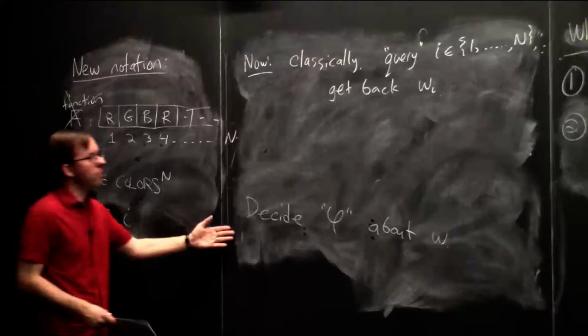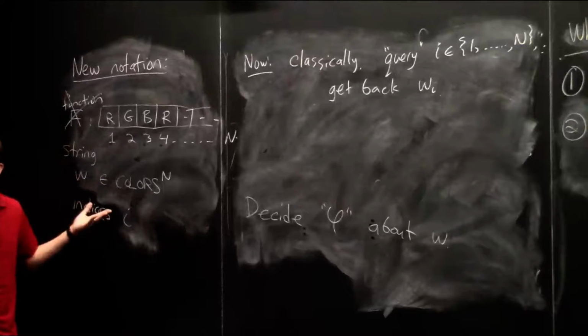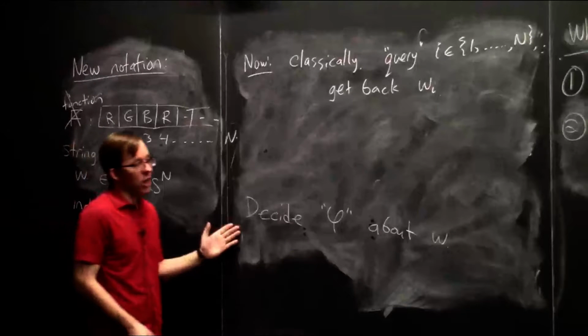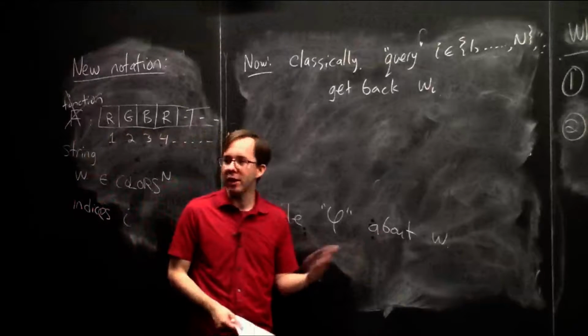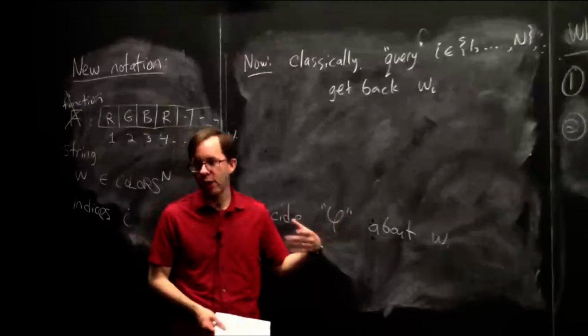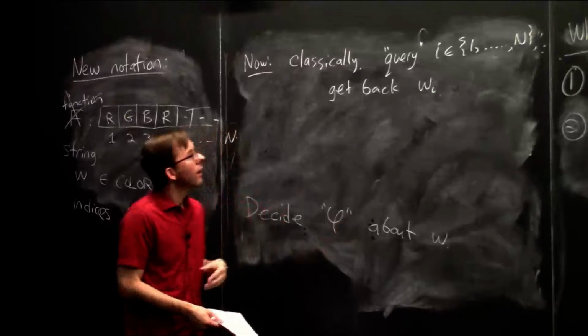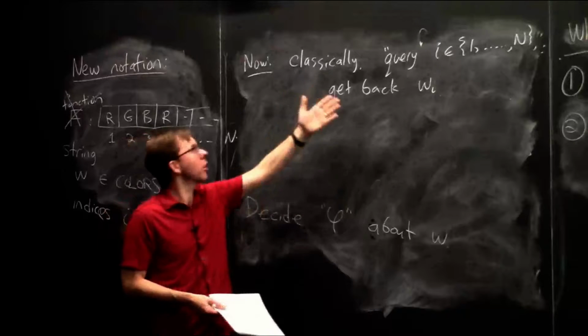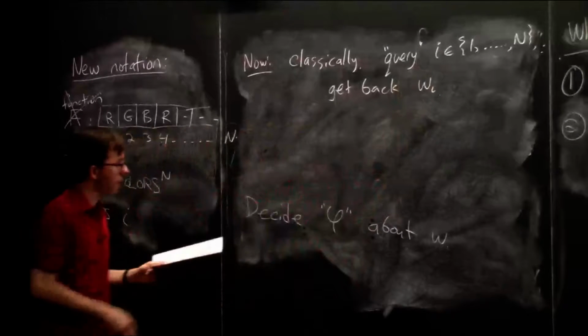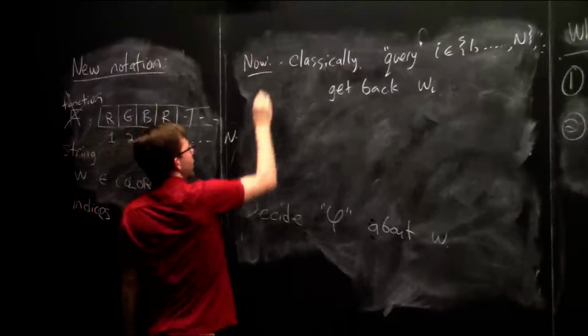For example, in the Grover problem, the set colors is just bits. So you just have a string of capital N bits, and you're trying to decide the OR of those bits. If there's at least one 1, or maybe you're trying to find a position where there's a 1. What is the mechanism? You're allowed to query bits of the input, and you're charged 1 every time you query. So that's the classical model.